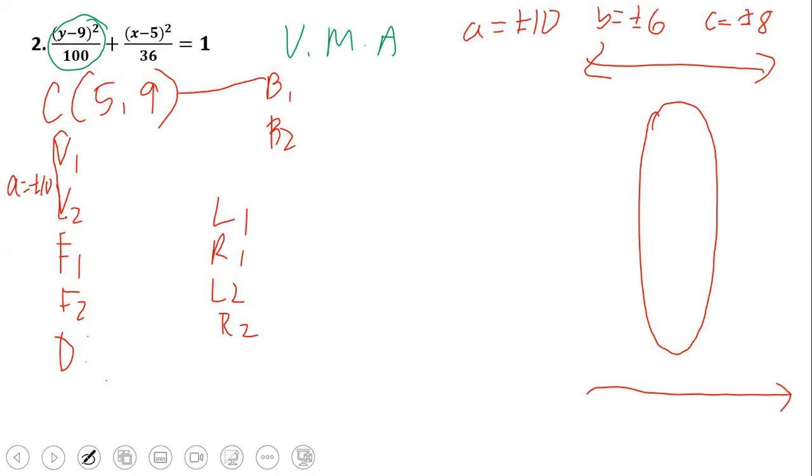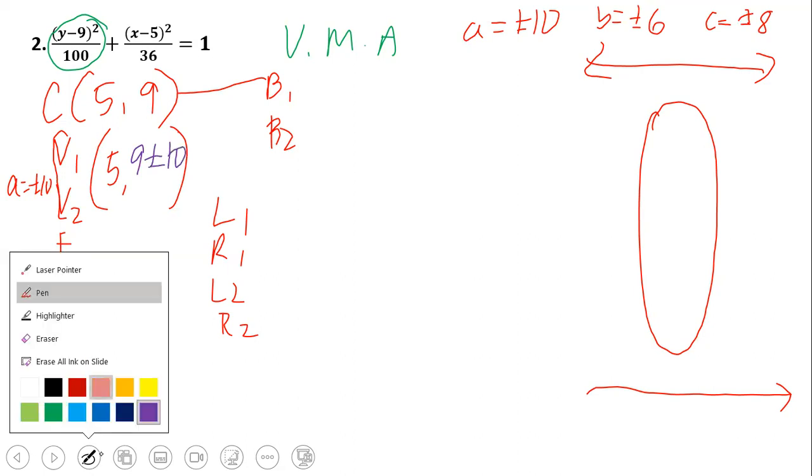Okay. So, remember, since vertical ito, ang movement ito is in terms of y. So, the vertex will move in y's. So, we have 5 and we have to perform 9 plus minus 10. Okay. So, kunin natin yung center.